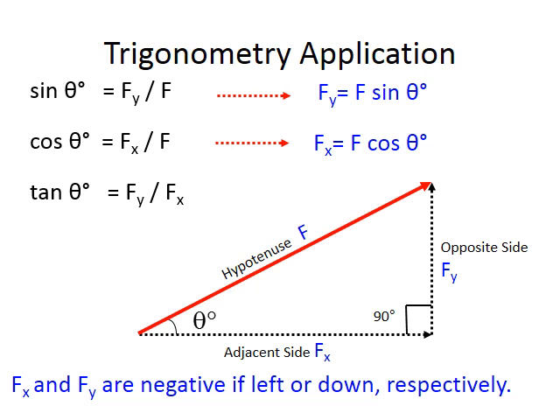And remember that if the sense is down or to the left, that means that the value for Fx and/or Fy is negative.